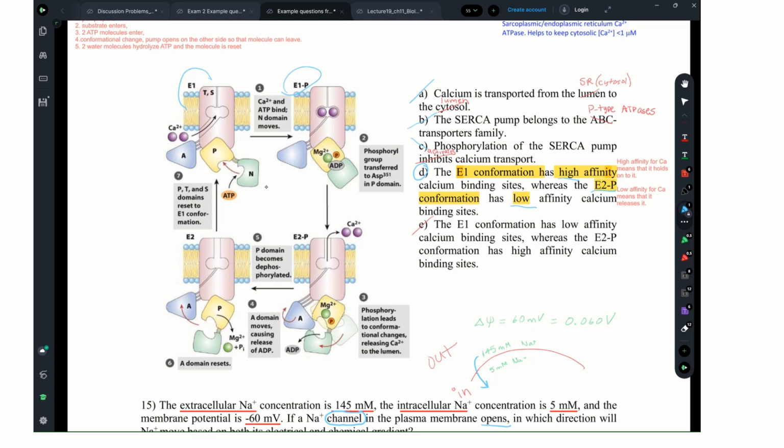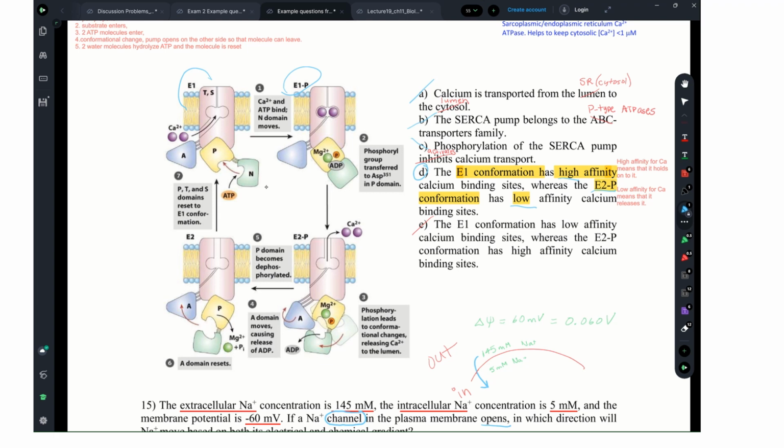In the E1 conformation, nothing has been phosphorylated, so it makes sense that it would want to hold on to the calcium. So it would have a high affinity for it. But in the E2, this is after phosphorylation. So it makes sense at this point that you would have conformational changes in order to release the calcium. You would want to have a lower affinity to release the calcium, because that was the whole point. And so that's why that's correct.